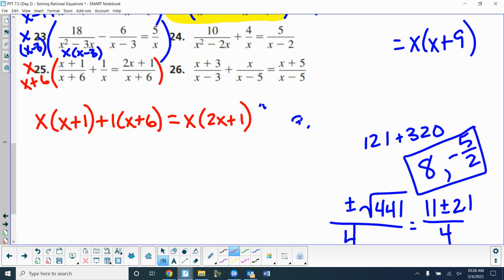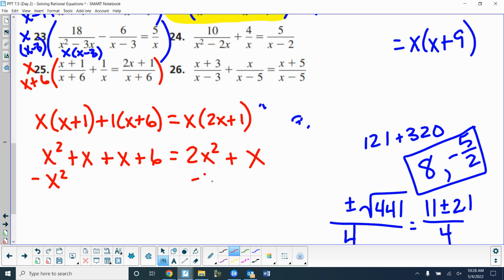Okay? So I get X squared plus X. When I distribute the X, I get X plus 6. When I distribute the 1, I get 2X squared plus X when I distribute the X. Okay? So since the 2X squared is over here, I like my X squared to be positive, so I'm taking all that stuff over.